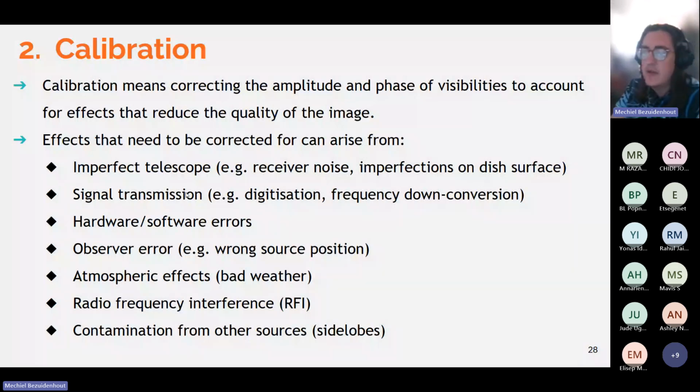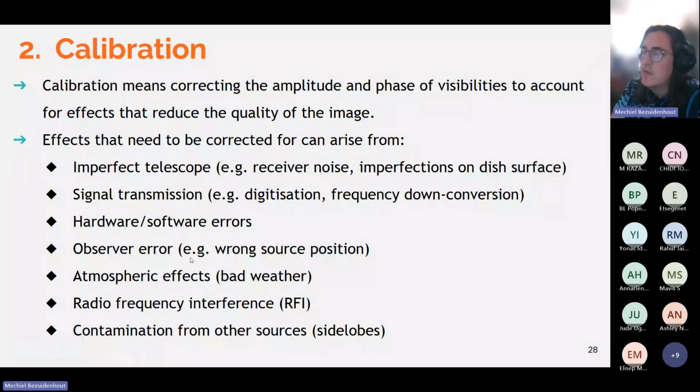There can also be hardware or software errors. No hardware nor software is perfect, so there are always going to be little bugs that you can correct for in the end. There's also observer error. For example, if you have the wrong source coordinates, when you're pointing at the wrong source position, then you can correct for that after the fact.